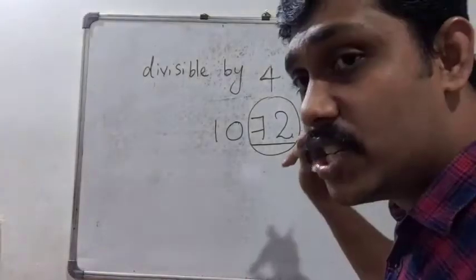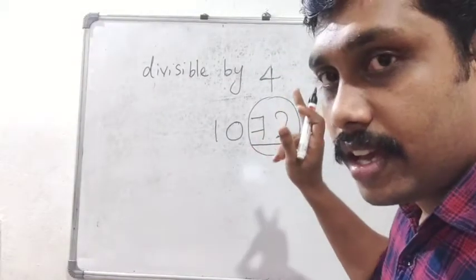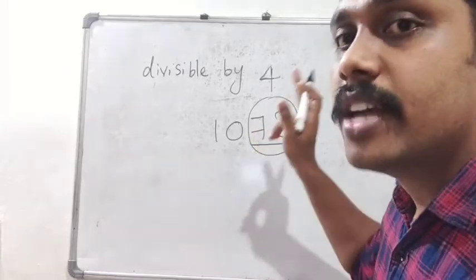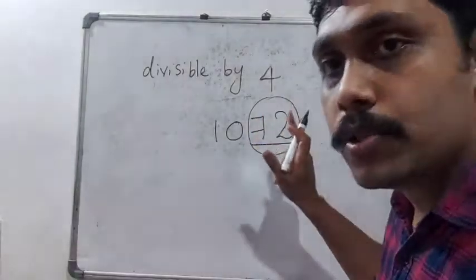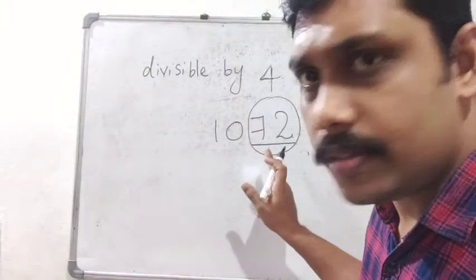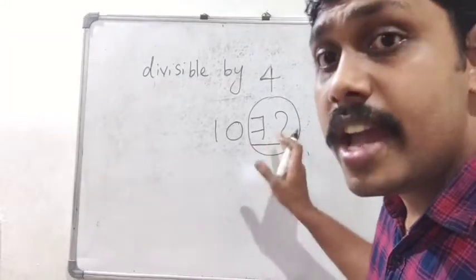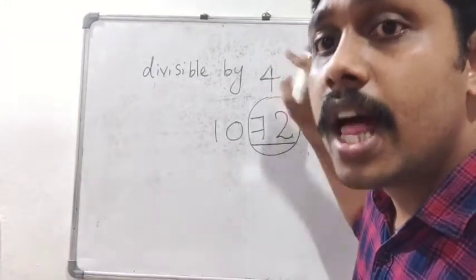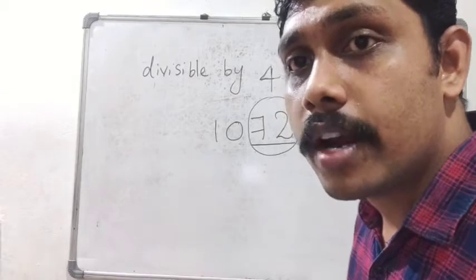The digits in the tens place and ones place form a number, isn't it? Here we have the number 72. If this number can be divided by 4, then the whole number can also be divided by 4.